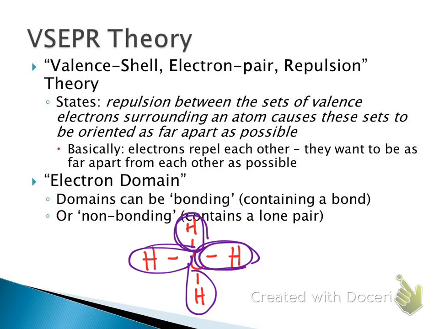All 4 of these domains are considered bonding domains because they contain a bond. Okay, we're looking at how many different things are surrounding the central atom. Just because they're all hydrogen atoms does not mean we have one type of electron domain. We have 4 domains. Each of those domains contains a bond to a hydrogen atom.